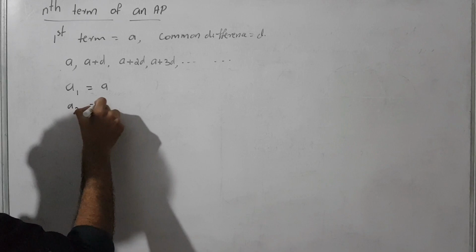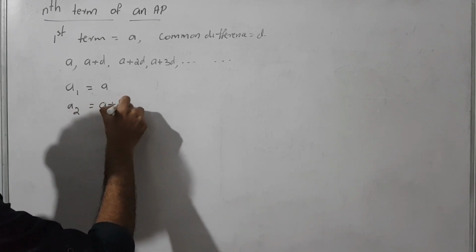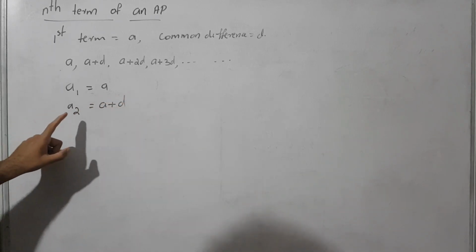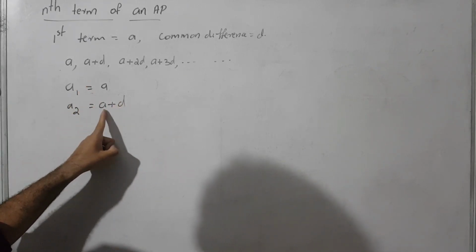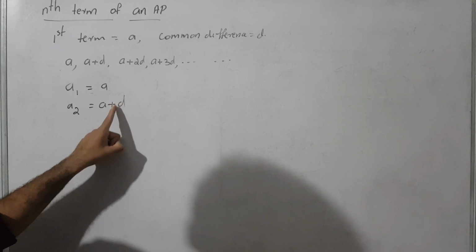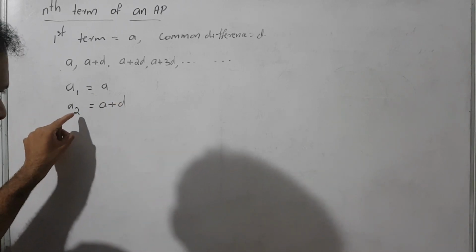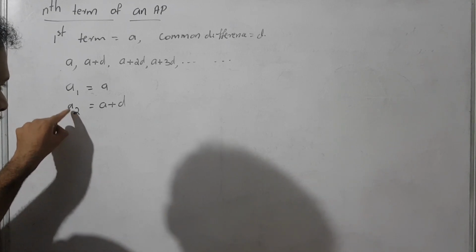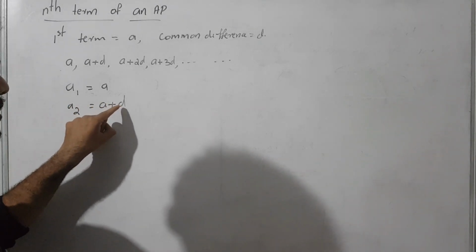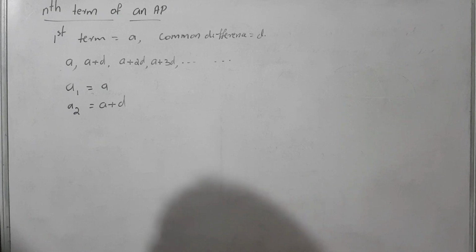A2 is equal to A plus D. That means for getting the second term, how many times do we add the common difference to the first term? Only 1 time.